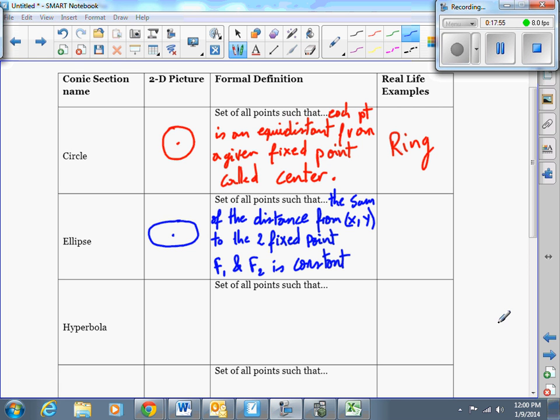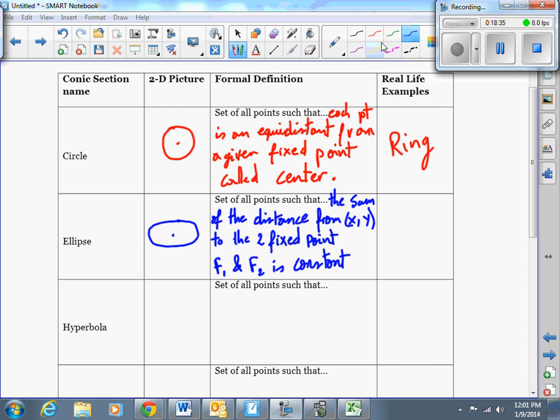The ellipse is the set of all points such that the sum of the distances from (x, y) to the two fixed points f1 and f2 is constant. Who are f1 and f2? In an ellipse, let's pick a point. We have 2 points f1 and f2 somewhere here. Those points are called focal points. Later on, I will explain this more. They're saying that the distance from (x, y) to the fixed points, if I get any point from here to here, if I find this distance, it remains constant, regardless of the position on the ellipse.